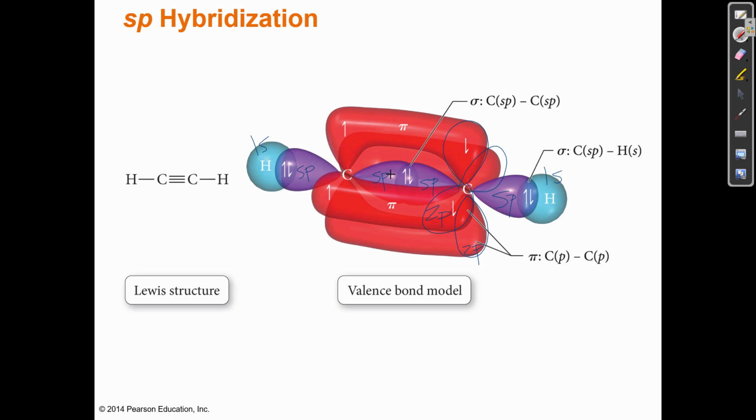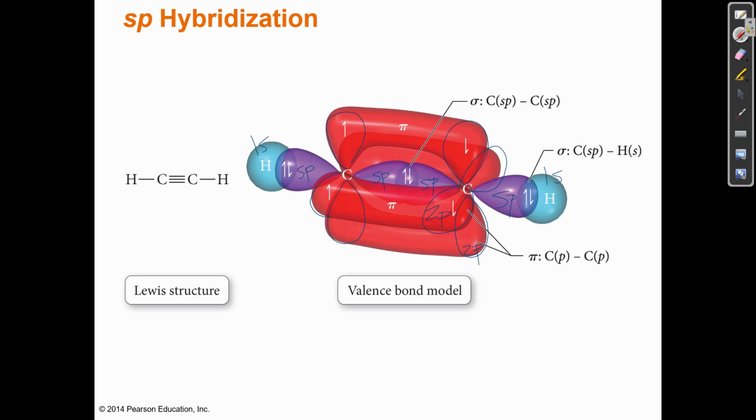This bond in the middle is called a sigma bond. You can see that because this orbital and this orbital are meeting head-on right here. Their heads are pointing at each other. That's called a sigma bond. But this orbital is meeting edge-on with this orbital. Their edges are meeting, so this is a pi bond.